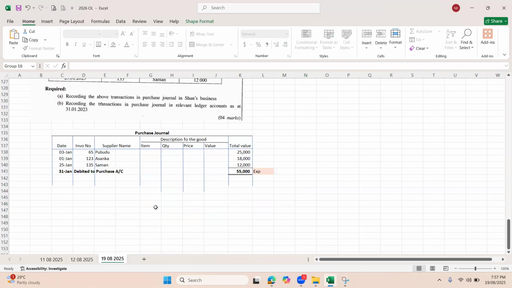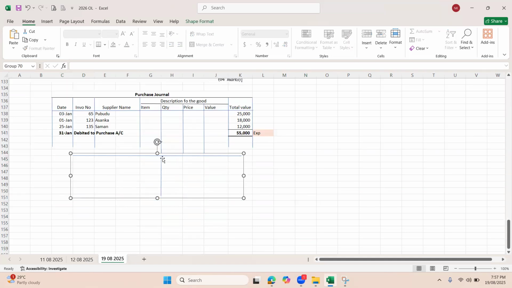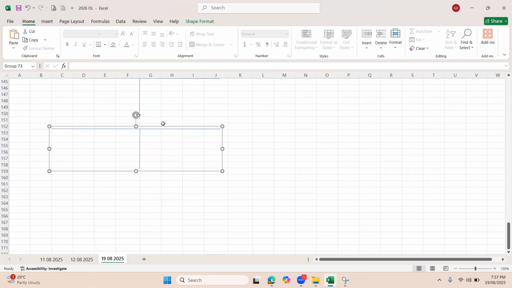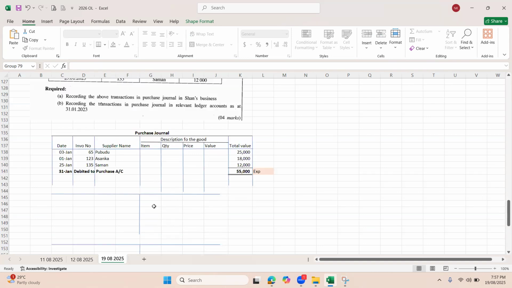Then four accounts altogether: the purchase account, then we have three creditors, Pubudu, Asanka and Saman. Right, done.